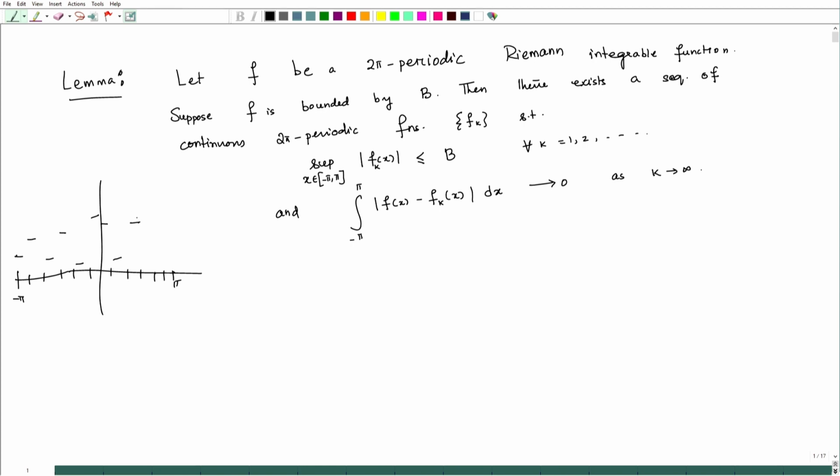Now, instead of choosing this as f_k, you can compromise with very little and make this a continuous function, and these f_k's are going to do the job. So, that is a sketch of the proof. You can finish the proof by yourself.